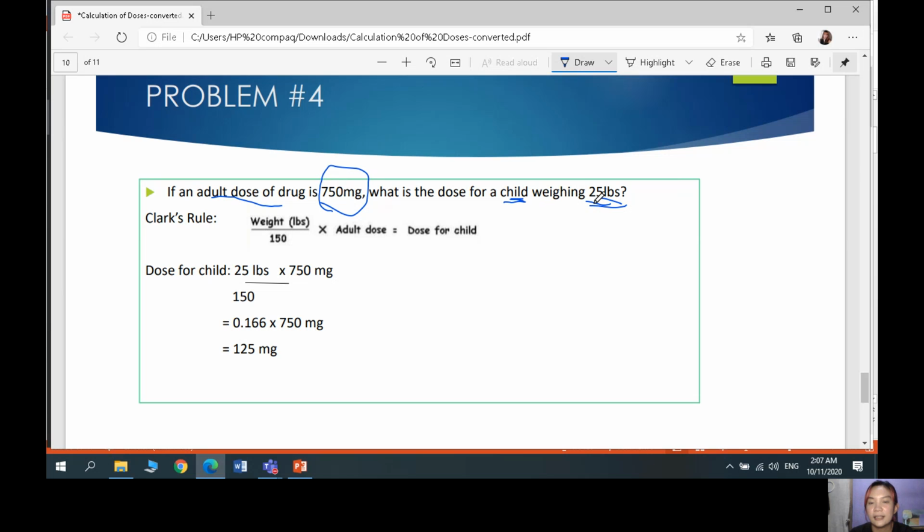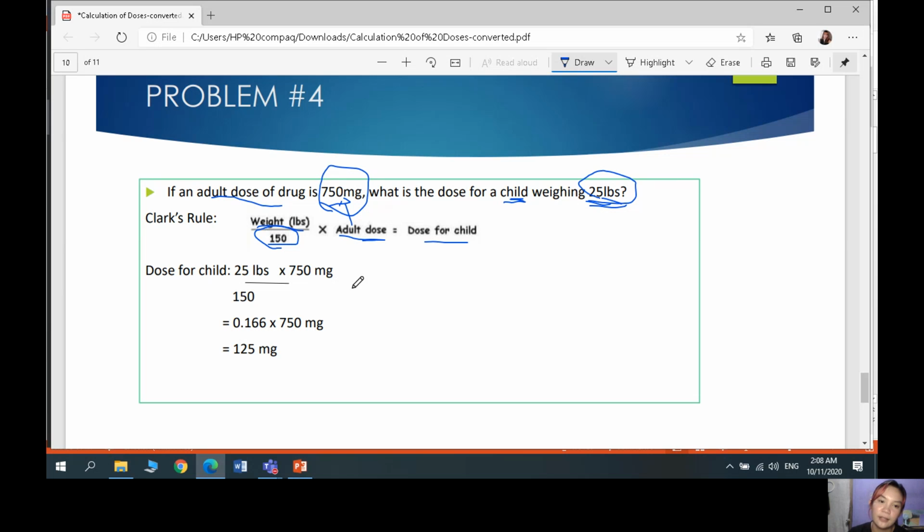The given here is the weight. So we are going to use Clark's rule, which has the equation weight in pounds over 150, where 150 is a constant, times adult dose, which is the 750, is equal to the dose of the child.